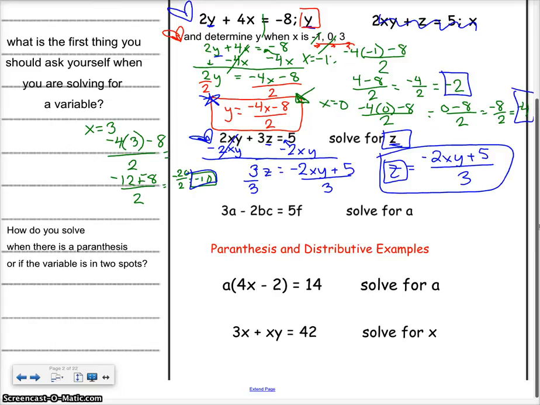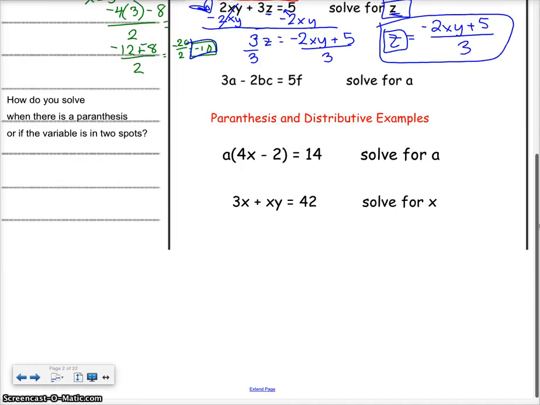One more on this little section. I want to solve for A. That means I want A alone. So you move what's not sticking to the A. What's not sticking to the A here? 2BC. So that's minus 2BC. What's the inverse of minus? Plus 2BC to both sides.